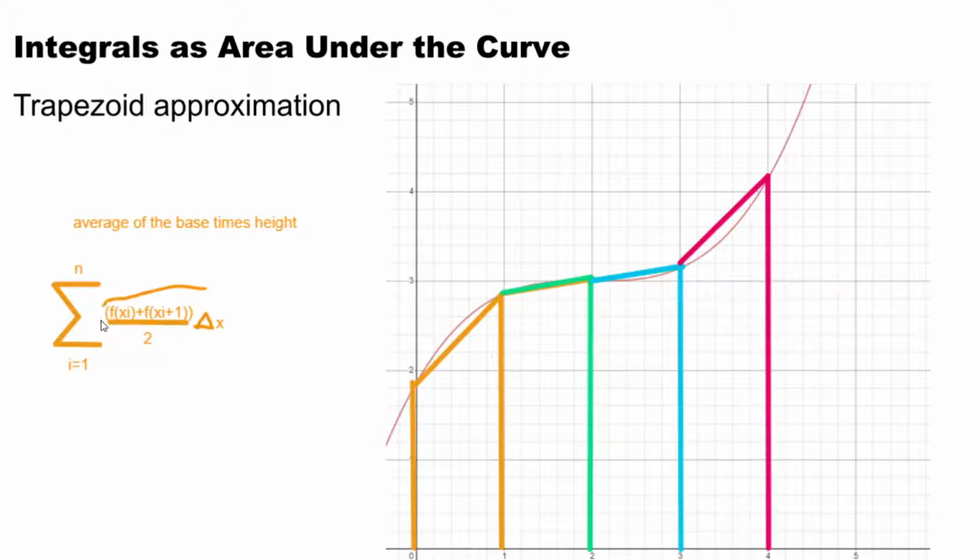So again, this part over here represents this base plus this base divided by 2 in order to find the average of your bases. And then this here represents your height.